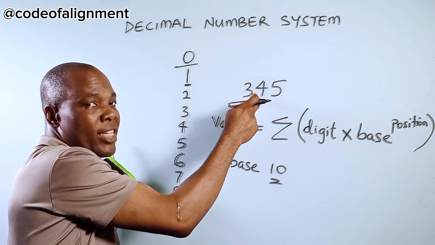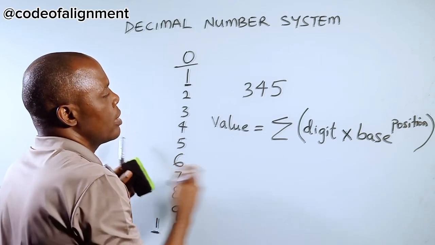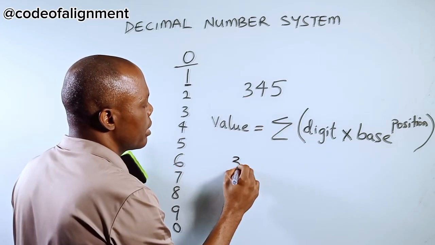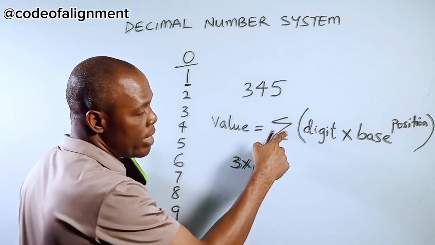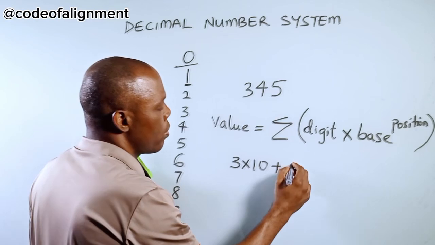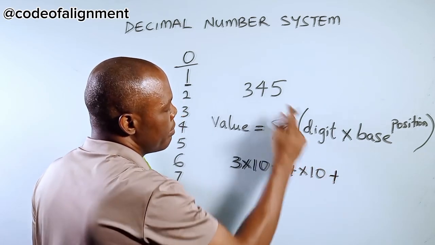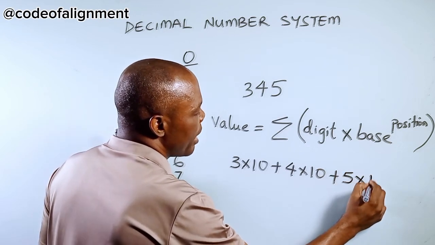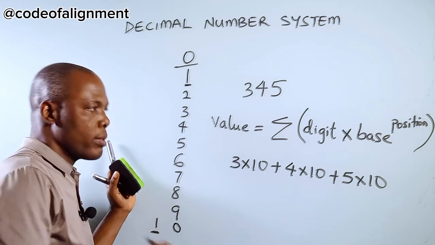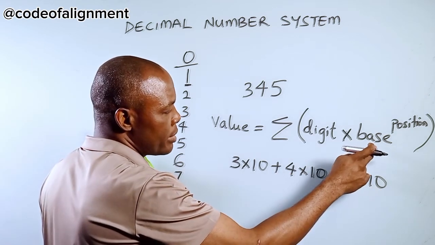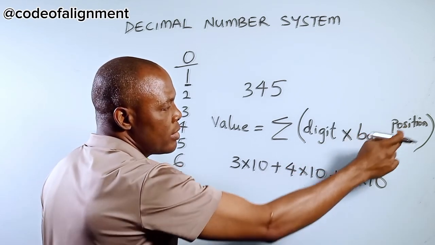So to extract this number from these symbols, it will be digit 3 multiplied by 10, plus 4 multiplied by 10, plus 5 multiplied by 10. This 10 is the base, the digits are those things, and we have the base raised to the power of position.